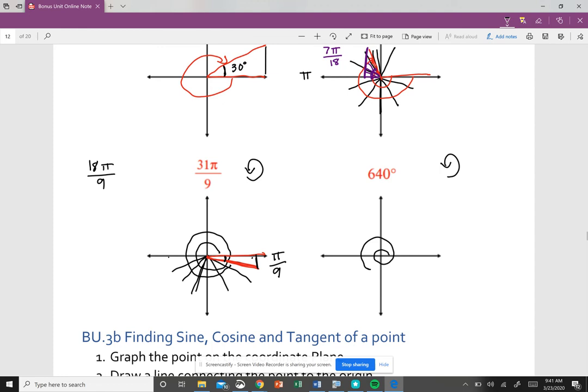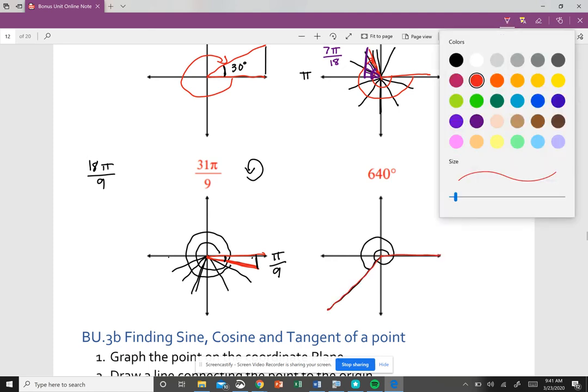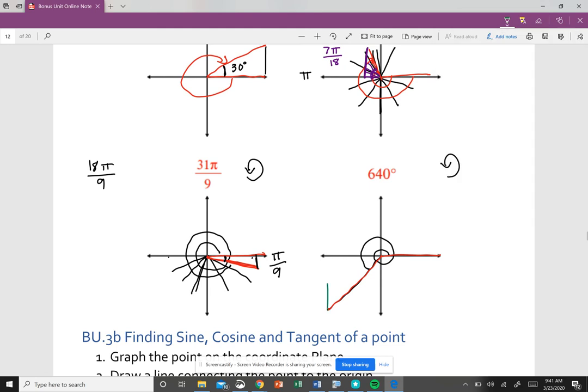So we'll be about there-ish, right? It'll be 30 degrees short of the angle over there. We'll be about there. Which means that my angle would be from here to here. And then my reference angle would be this angle right here, which is 60 degrees. All right, because it'd be 240 minus 180.